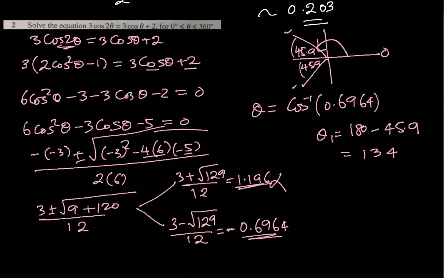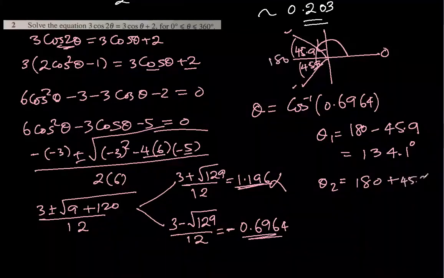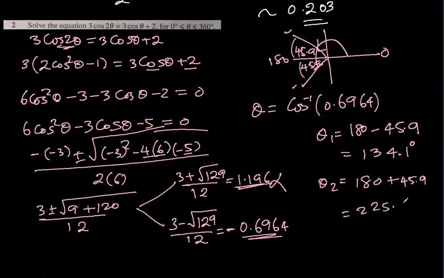So let's write 0.1 degrees. Second answer will be 180 plus, because it is going further to this line and it is crossing 180. So 180 plus 45.9, which is 225.9 degrees.